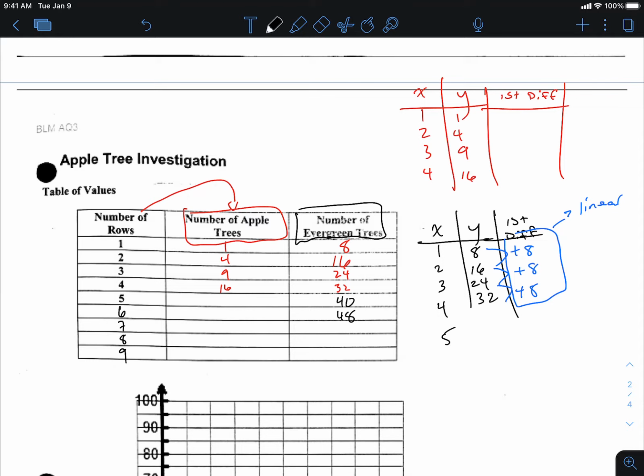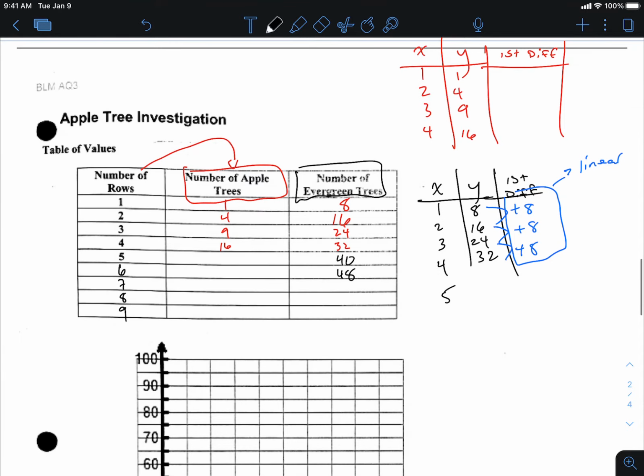If you remember from before the break, when we did all the linear patterning, we always take the stage number, and it looks like we're taking that stage number and multiplying it by 8. 3 times 8 is 24. 4 times 8 is 32. 1 times 8 is 8.